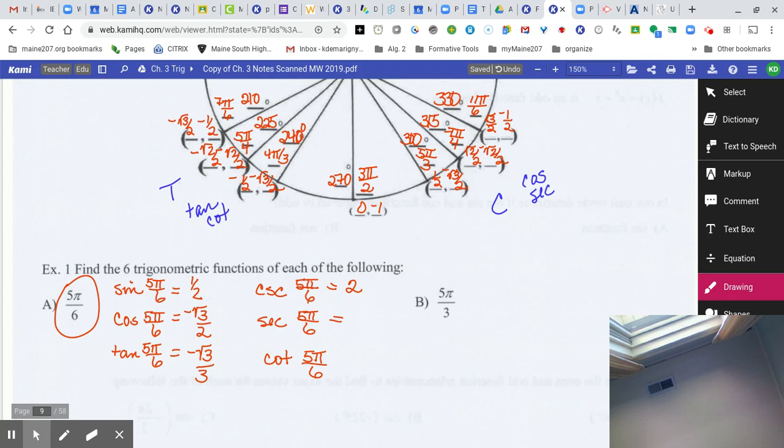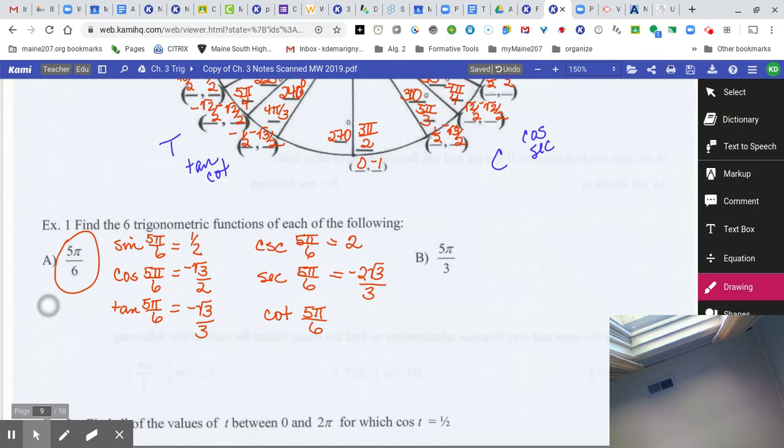A negative 2 over a root 3 is negative 2 root 3 over 3. And I think that you're going to be able to rationalize these in your head eventually. That's our goal. And then the negative root 3 over 3 reciprocal is a negative root 3. Those are the 6 trigonometric functions for each one.